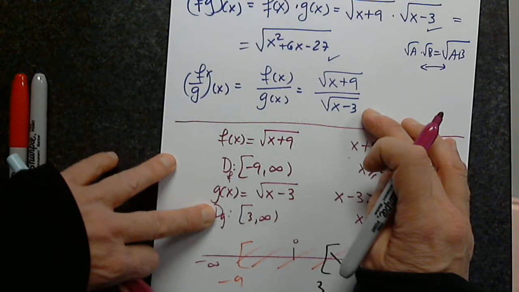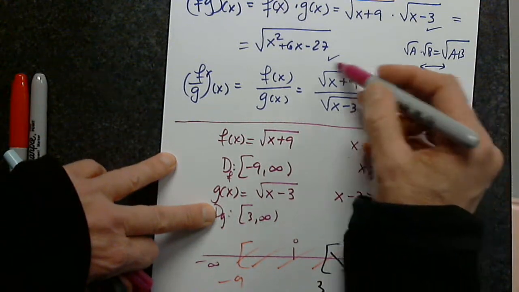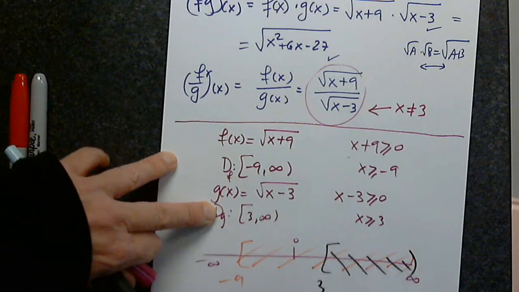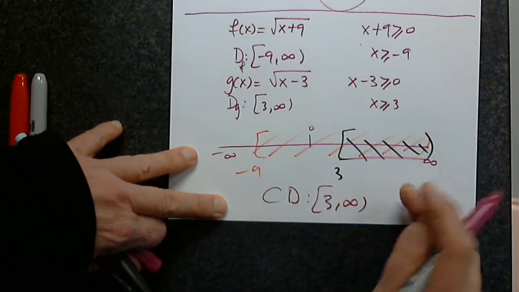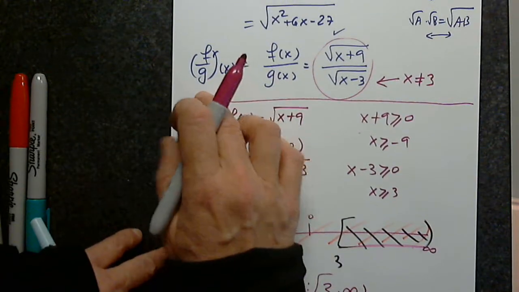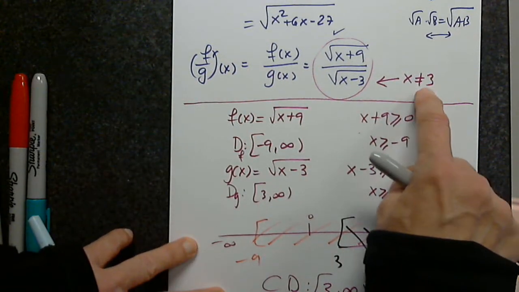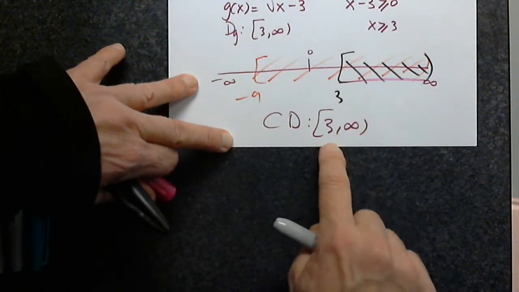Now coming back here, the only problem is x not equal to 3, because now these two functions exist at the same time on this territory. So to find the domain of the ratio, I have to exclude 3 from the common domain.